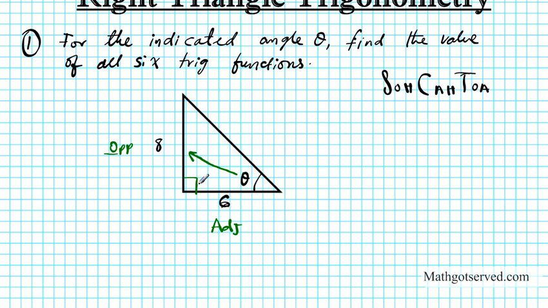And the side opposite the biggest angle in the triangle, namely the 90-degree angle, is your hypotenuse. So this is O, this is A, and this is H. Like I said earlier, we need O, A, and H to find all six trig ratios. We have only O and A, so we need to find H.